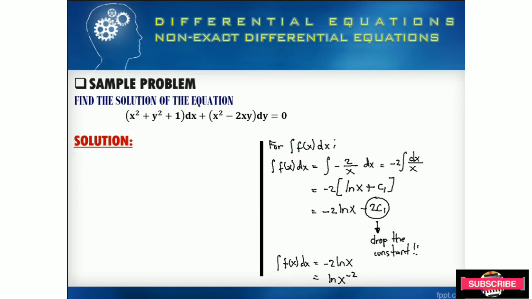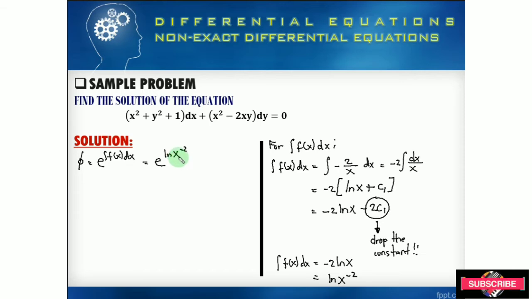So our phi, which is our integrating factor, is just equal now to e raised now to the integral of f function of x dx, which is then equal now to e raised now to the ln x and raised to the power of negative 2.